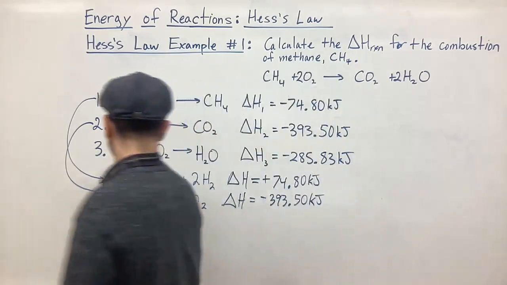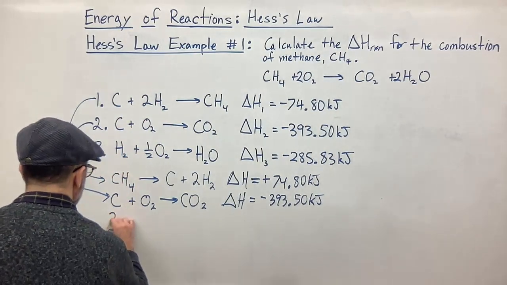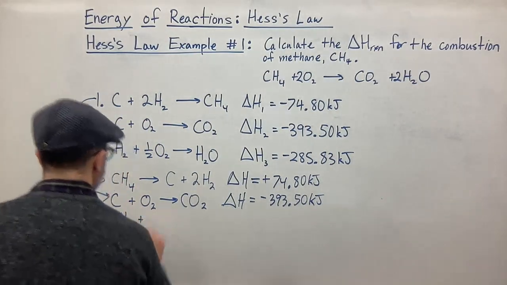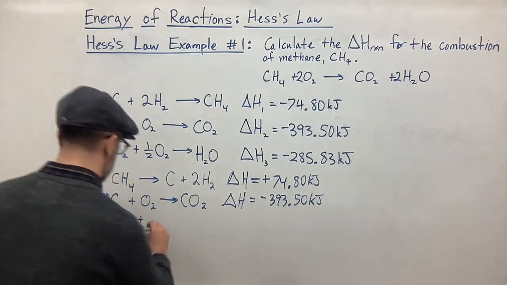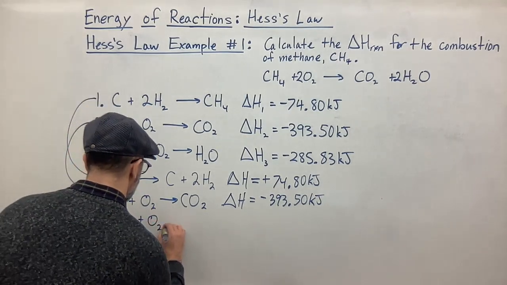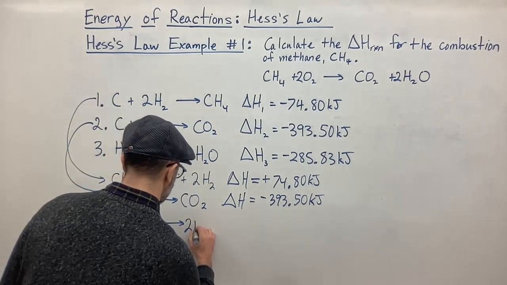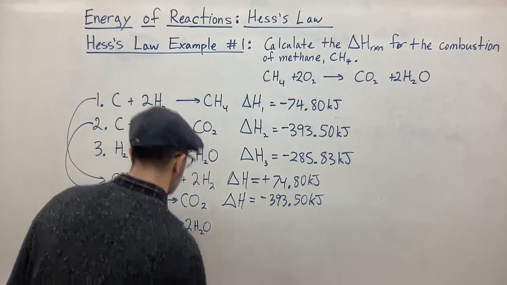So then this equation is going to be 2H2 plus 2 times 1/2 is 1. That's going to be 1 oxygen, and that's going to give me 2H2O.